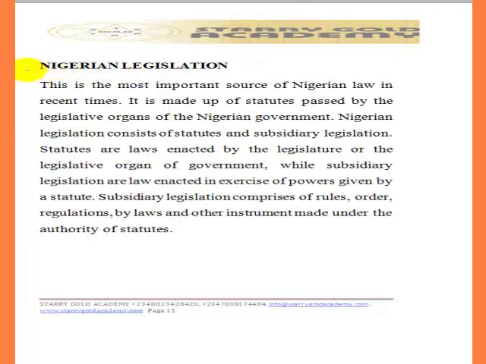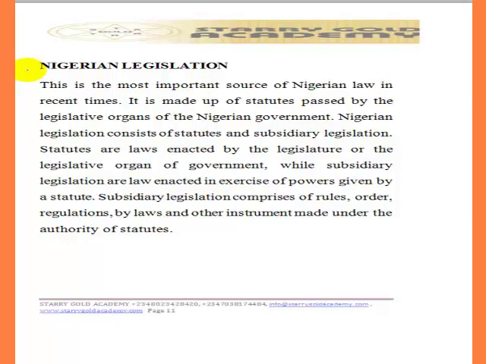Let us look at Nigerian legislation. We are finished with the received English law. This is another important source of Nigerian law, so it is also part of the primary sources. Nigerian legislation means law passed by our lawmakers.